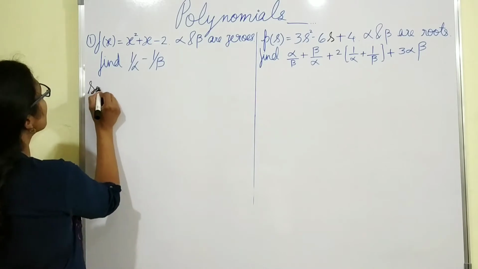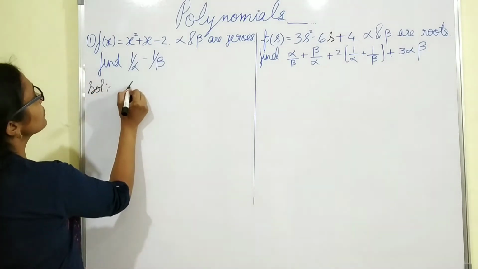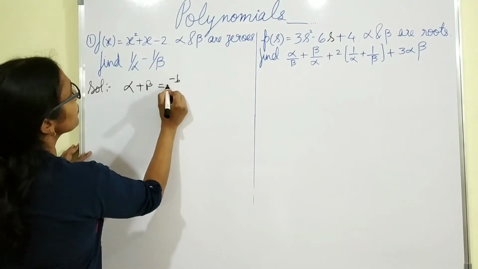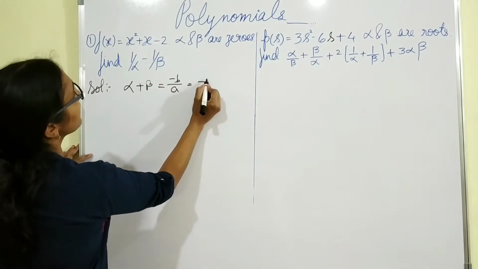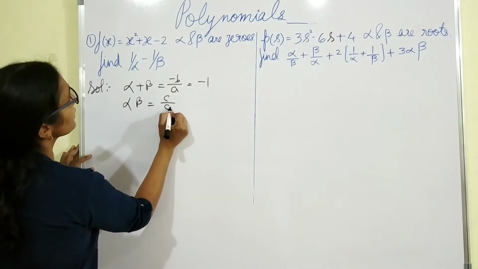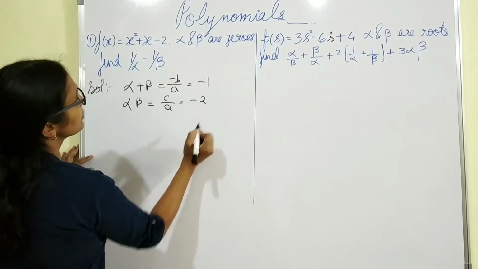So, solution. The sum of the zeros is minus b upon a, so it is minus 1. The product of zeros is c upon a, that is minus 2.